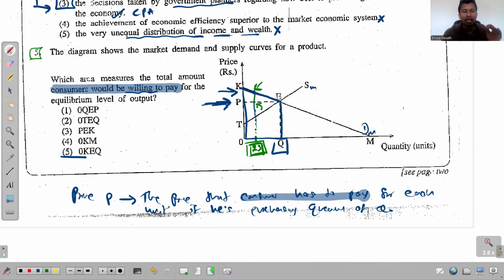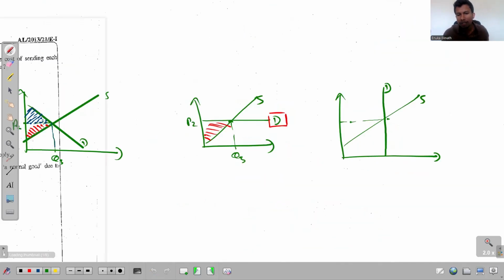Clear? If you remember that, now come to this new question again and imagine that here you get this 25th unit. And if I ask what's the price that this consumer is willing to pay for this 25th unit? It's somewhere here, that's infinity.